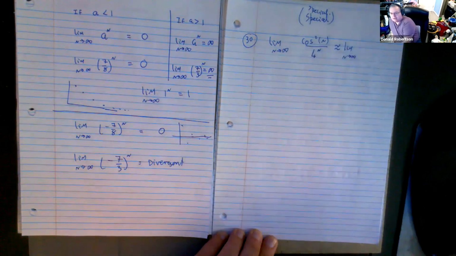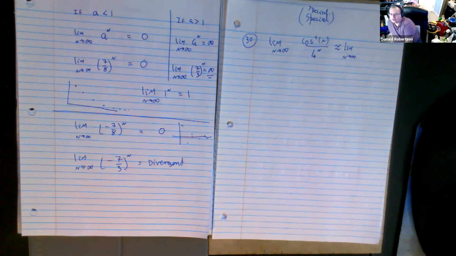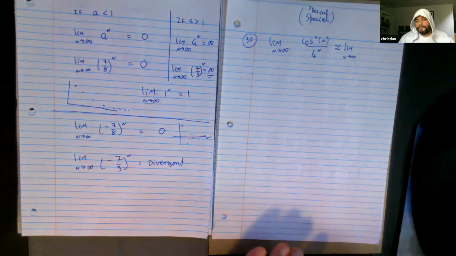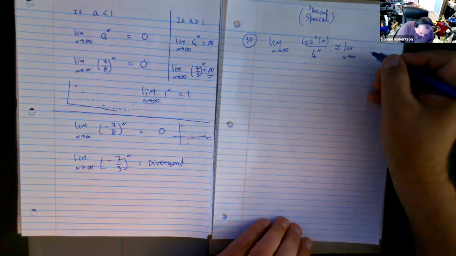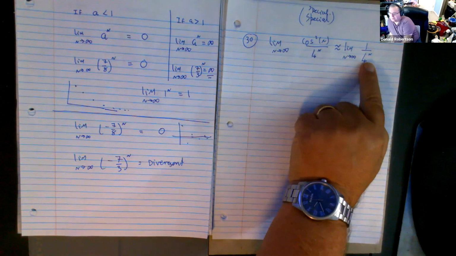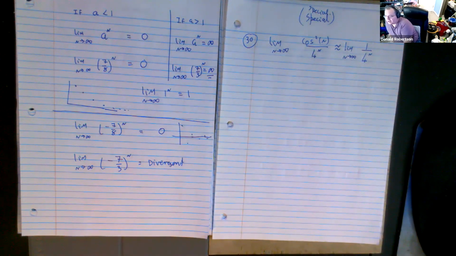Would you agree that cosine of n is only going to be a number between -1 and 1? Would you agree then that cos squared n is only going to be a positive number from 0 to 1? Yes. Great. So would you agree that this fella will probably behave very much like that fella in the worst case scenario?